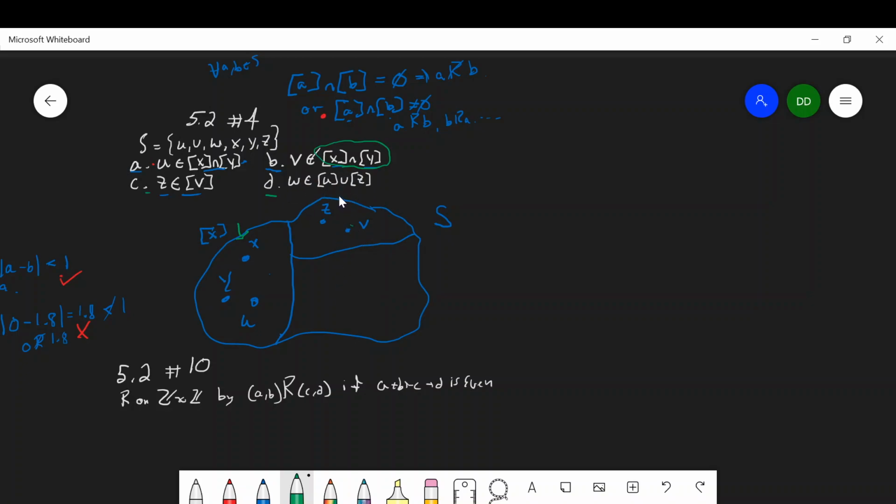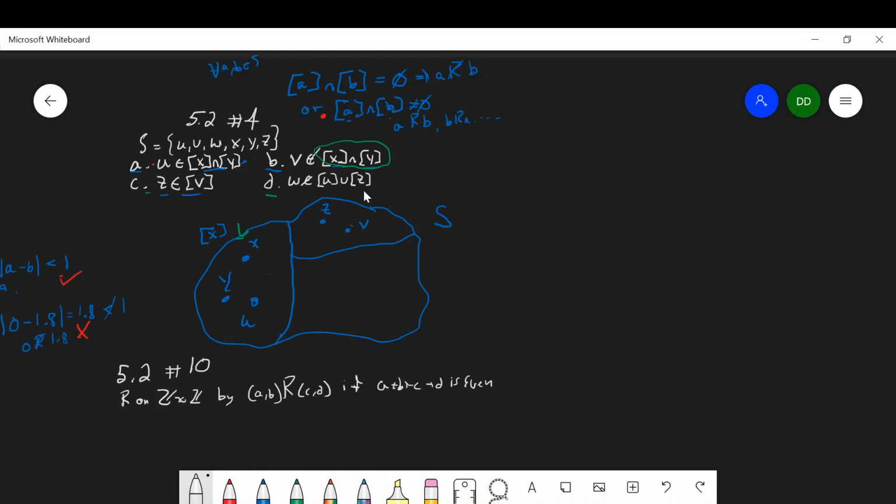So W is in the equivalence class containing U union the equivalence class containing Z. Wait a second, that seems wrong. 5.2 number 4. Maybe I wrote this down wrong. Yes, I did. That wouldn't really make sense. That would mean this thing is not a partition. This should be a not inside of.